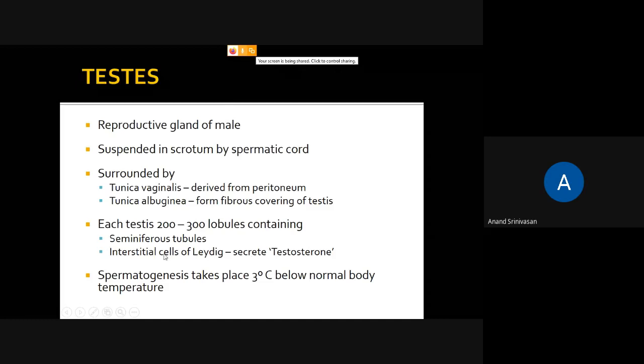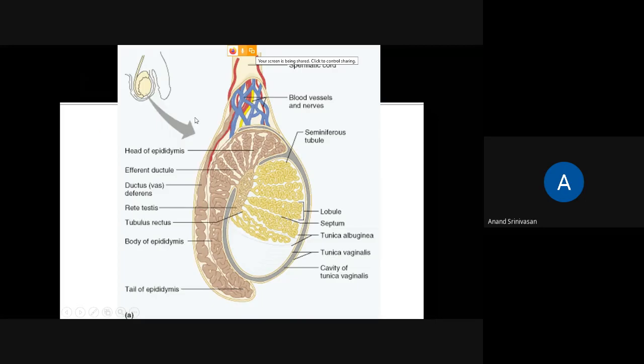What is the importance of these Leydig cells? The Leydig cell is the one which secretes testosterone. So the testis is divided into 200 to 300 compartments or lobules, and inside each lobule there are tiny tubules called seminiferous tubules.